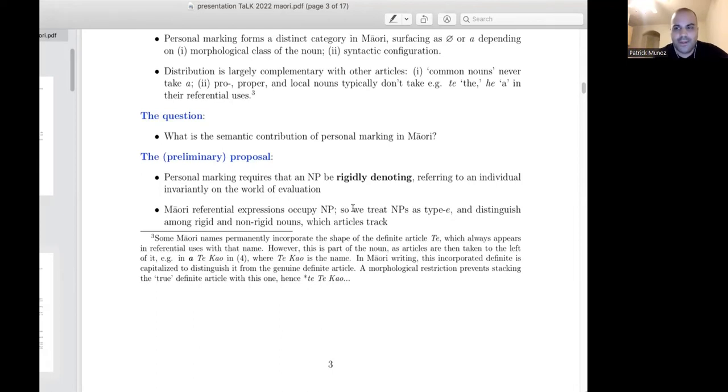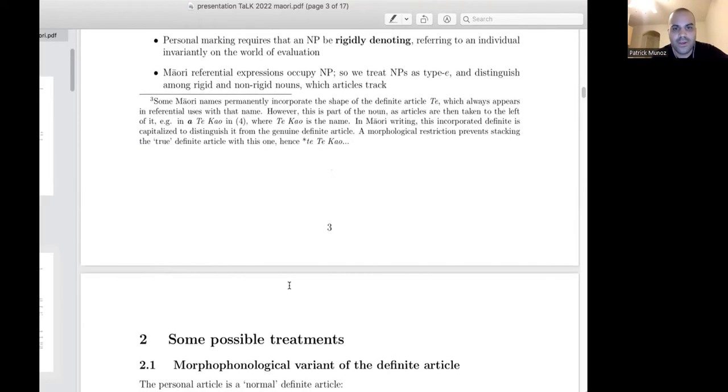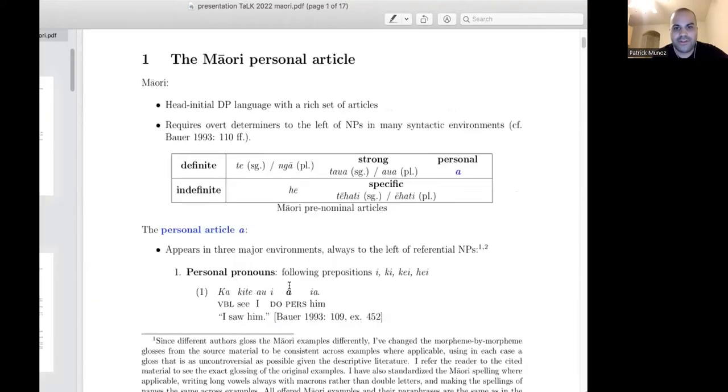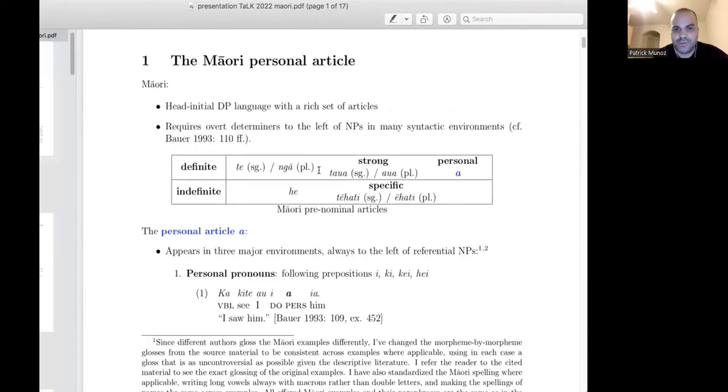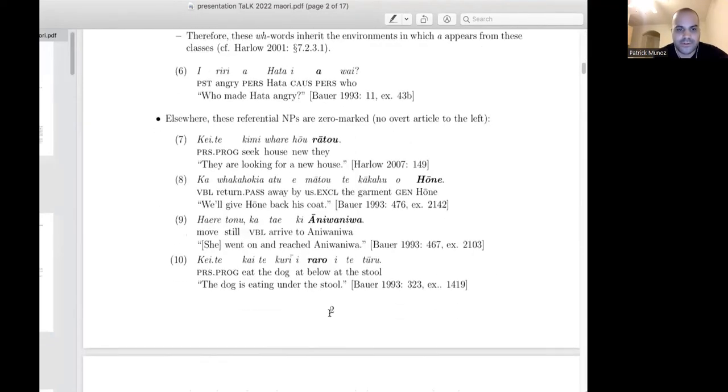Something like determined independent of the possibility of modification, hooking onto the actual world or the world of the context, versus subject to modification and intensional environments. So hooking onto the world of evaluation instead. So there's a split not only between definite and indefinite in Maori, but also between rigid and non-rigid, is the idea.